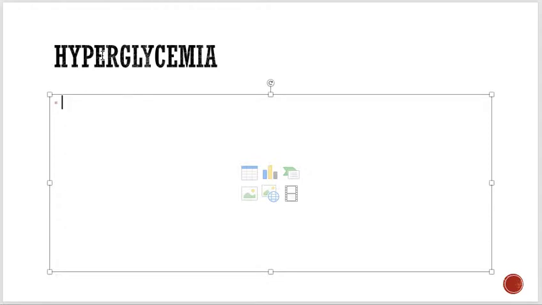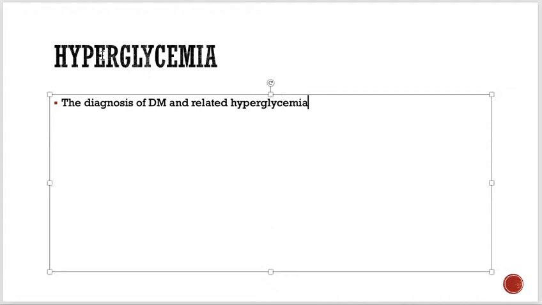So, of course, the baseline is the diagnosis of diabetes mellitus and related hyperglycemic states. Of course, you guys know about diabetes mellitus, but maybe you don't know about the other hyperglycemic states. So, we will talk about them also.